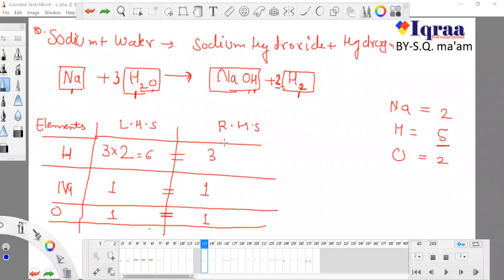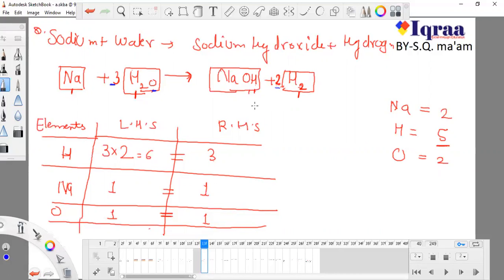One more thing has changed: by doing this, the number of oxygen has also changed. The number of oxygen is 3 here. So I need to do something to balance both things. So I'm just writing 2 here and 2 here.